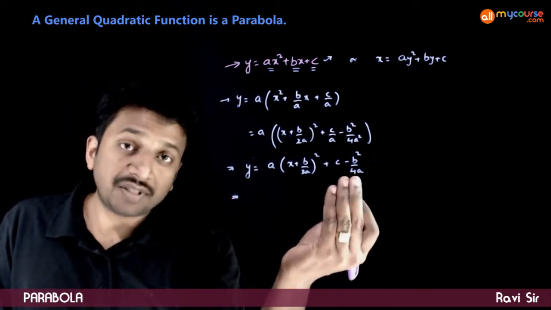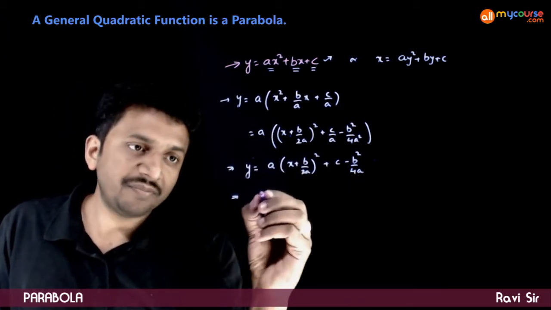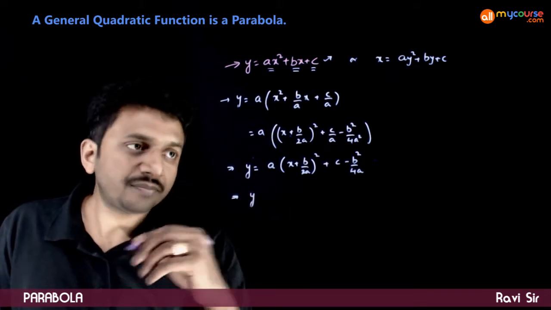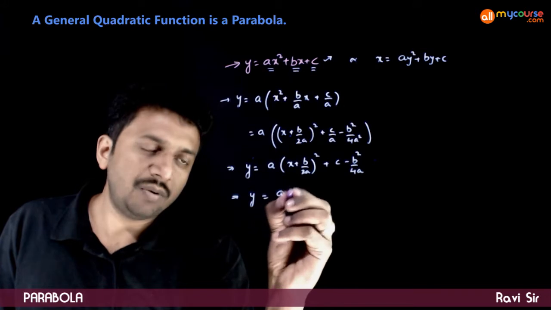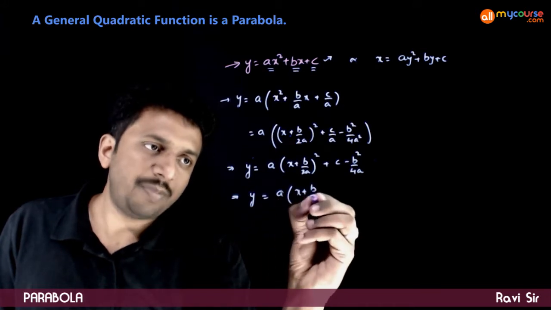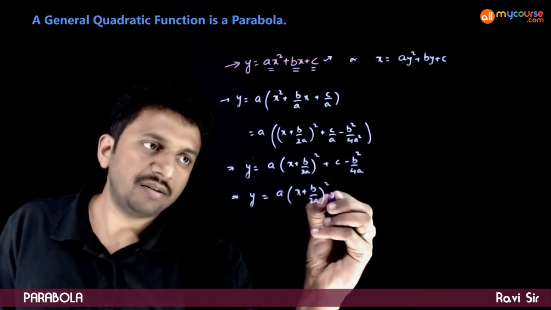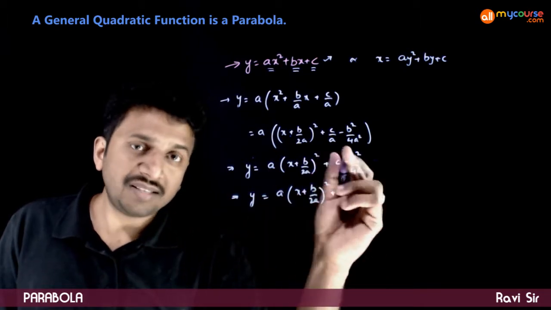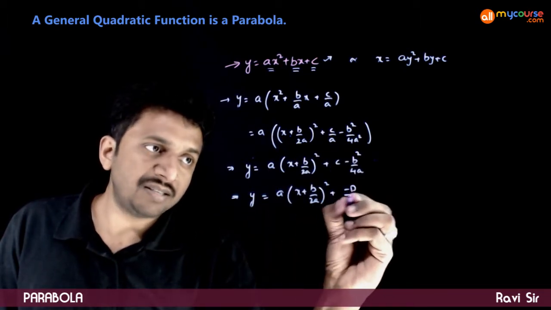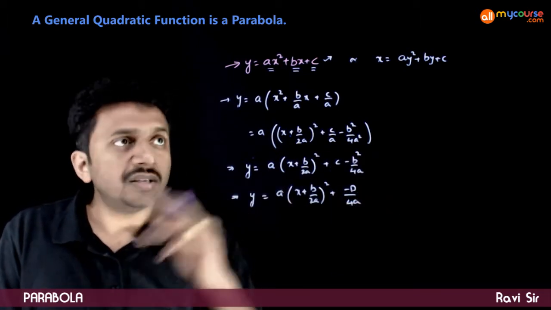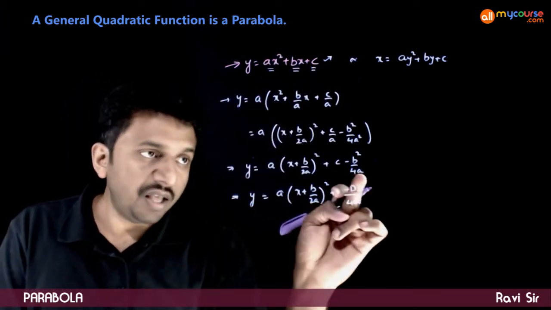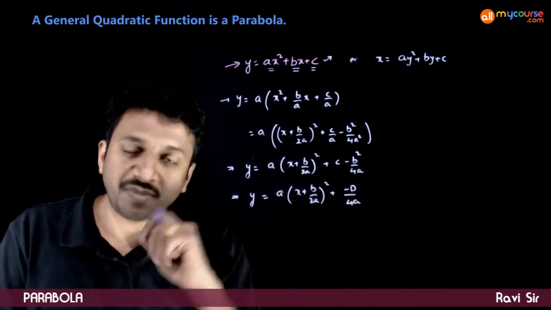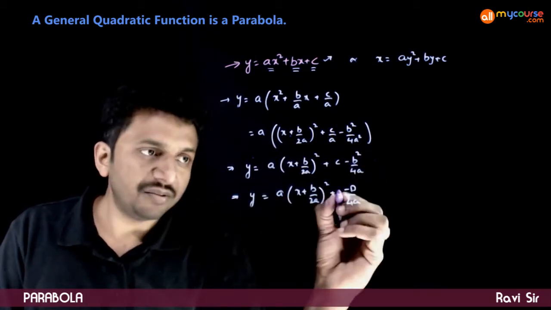So if you send both of them onto this side, let us try to simplify this first. Y is equal to a times x plus b by 2a whole square plus 4ac minus b square over 4a, which is nothing but minus d by 4a. The discriminant of this expression is b square minus 4ac. Here you have 4ac minus b square, which is minus d.